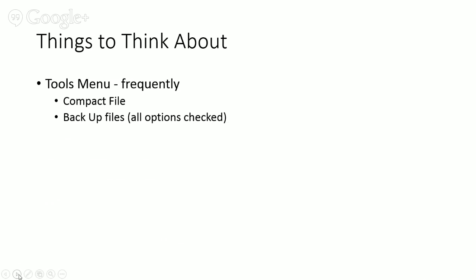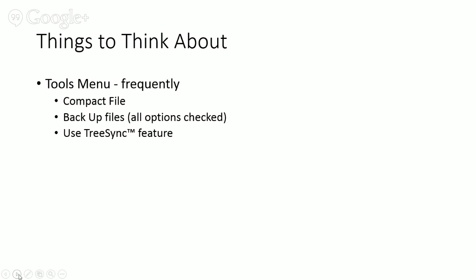But back up your file. Make sure that all options are checked, and once the backup is complete, it will compact the file. I see a lot of people getting it down to 0%. I have not found that to be required. Just doing the file maintenance on a regular basis has kept me out of trouble.